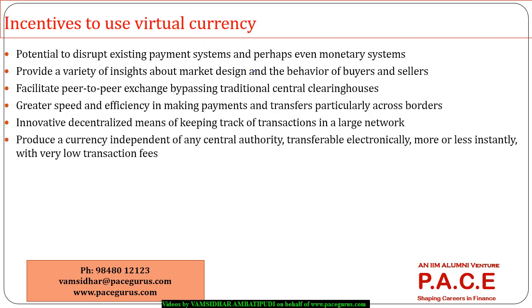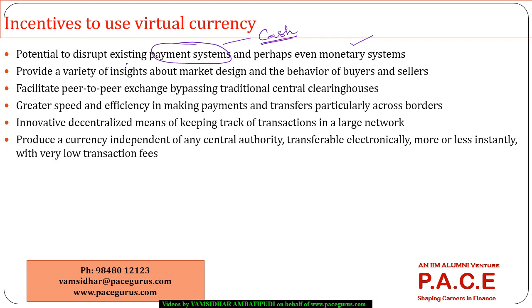So when we talk about using virtual currency, some of the advantages are we can very well disrupt the existing payment system, the cash based payments. So the existing payment systems can very well be disrupted, and in a way the existing overall monetary system, the way we look at it, can quite drastically change.